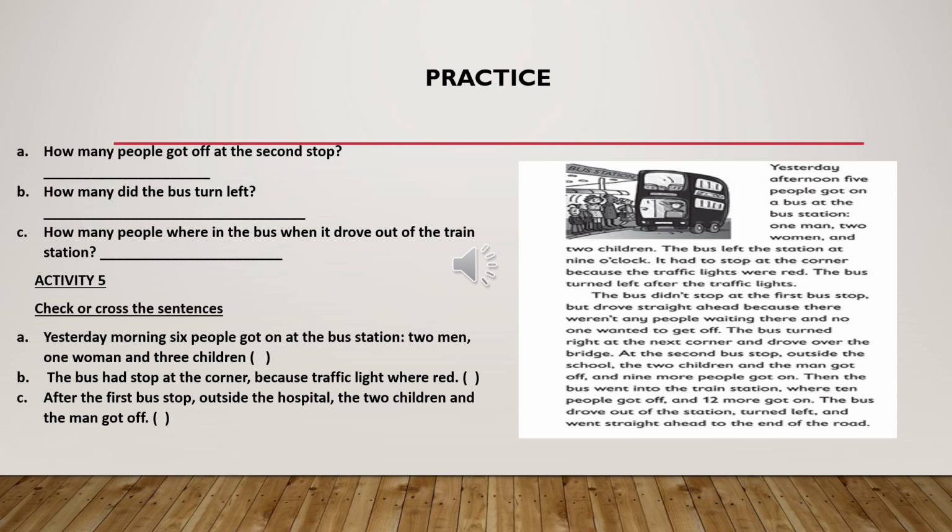So we have questions A, B, and C, and the students have to complete them according to the text. They check or cross the sentences: according to the text, the students have to choose if the sentences are true or false and write. That work is in the worksheet that the students are going to develop during the class.